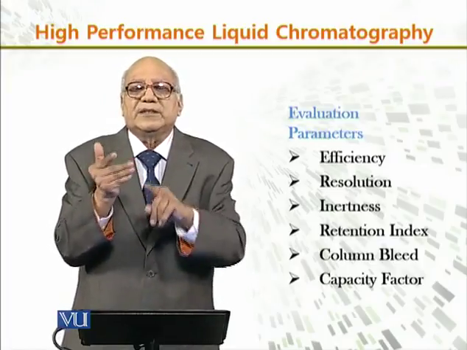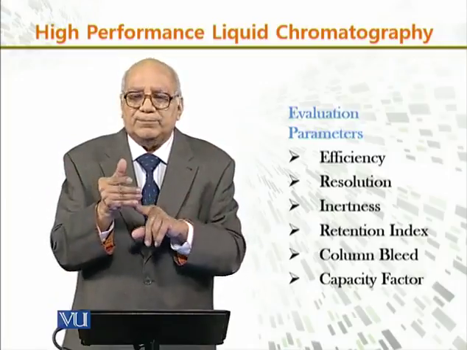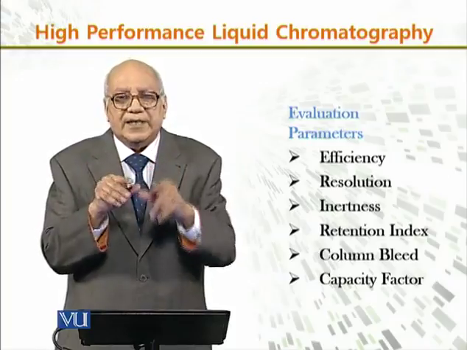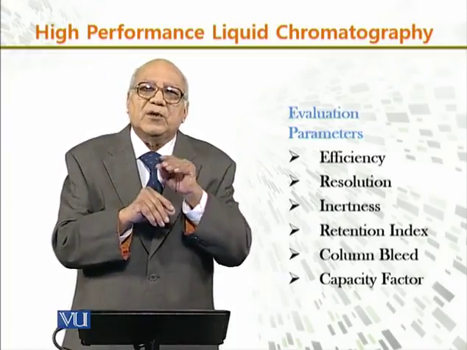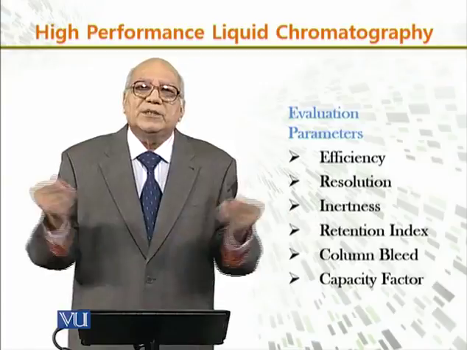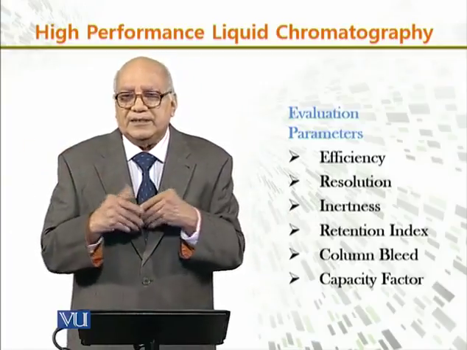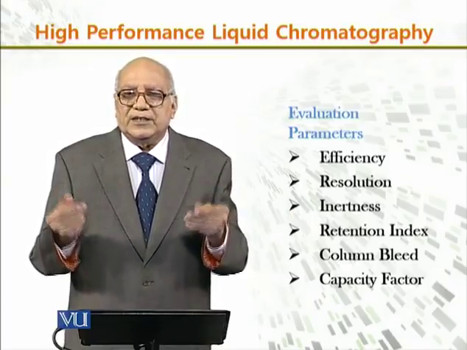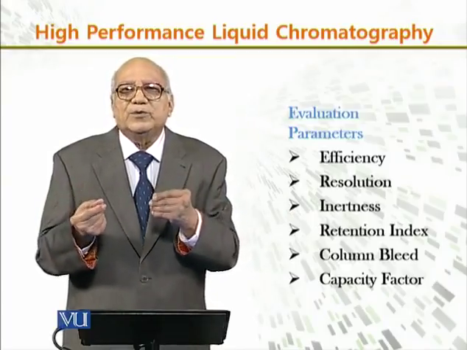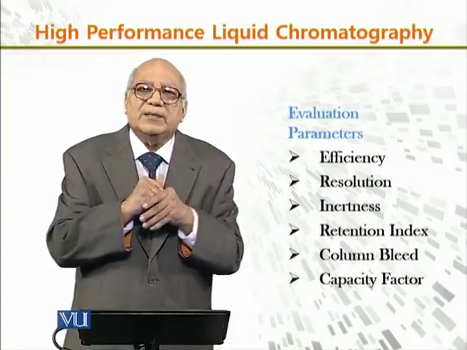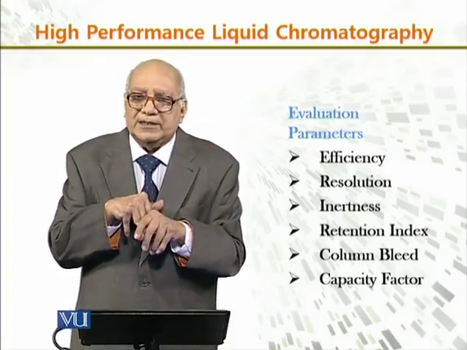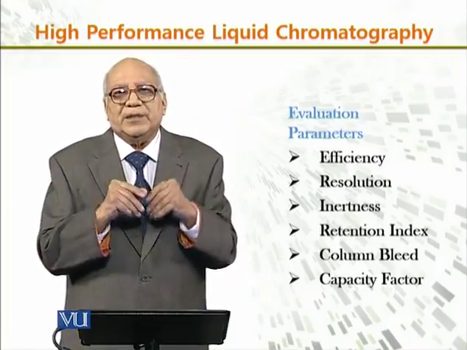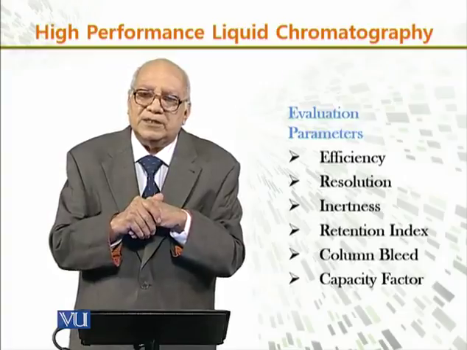That is, it shouldn't react with the compound or with the sample, and then its retention index. That is, it shouldn't take a long time for you to inject the sample and have it retained there before giving you the result, so retention index should be considered. Column bleed, that is, how the sample comes out of the column for the separation, and then the capacity factor, that is, the capacity which this column can hold.